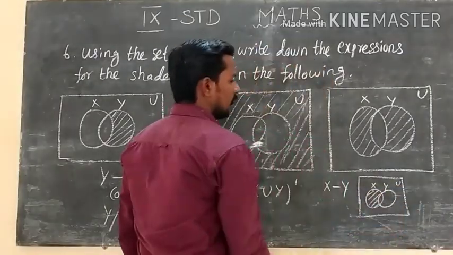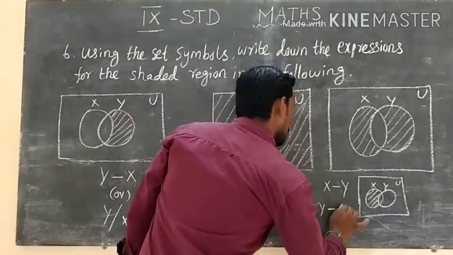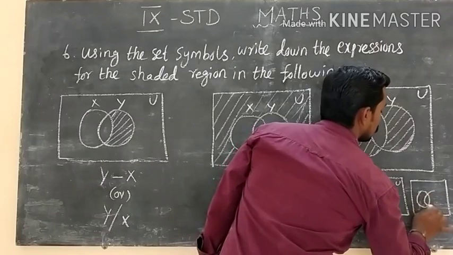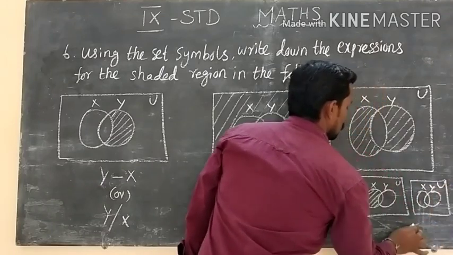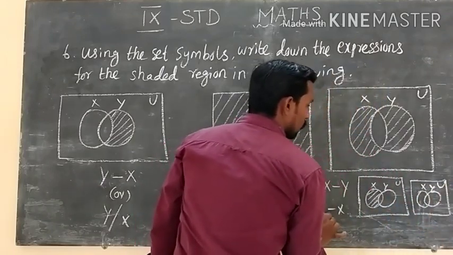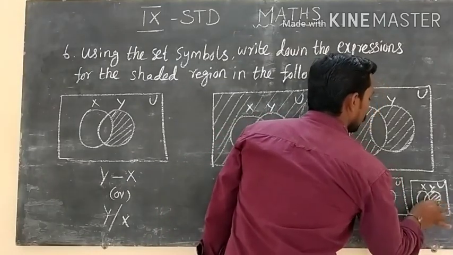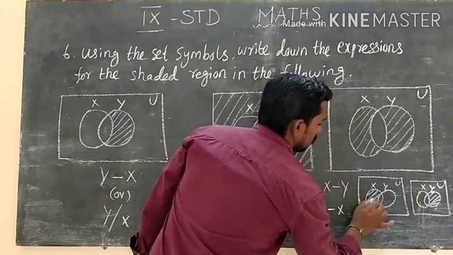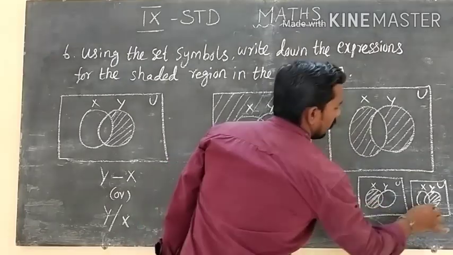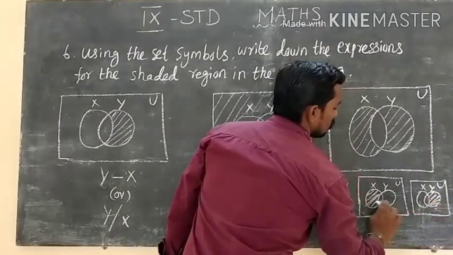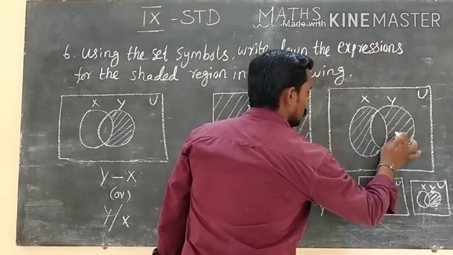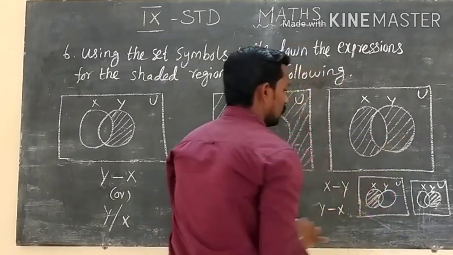Then Y difference X means omit X, so only Y appears. Comparing both diagrams, here this portion only appears, here this side only appears. So comparing both figures, we get this result.